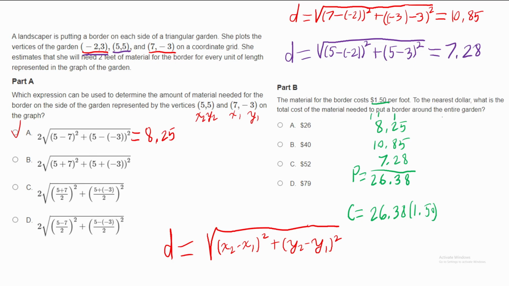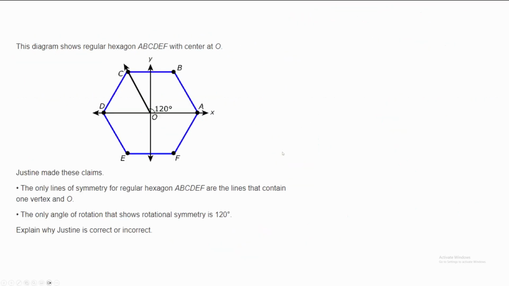And that's going to give me about 39.57. Uh-oh, there is no 39.57 here. But it says, what is the cost to the nearest dollar? So we have to round up here, which would give me 40 as my answer. It's a lot of work, but we got it done. It's just plugging it into that equation, adding everything up, and then multiplying it for the cost.